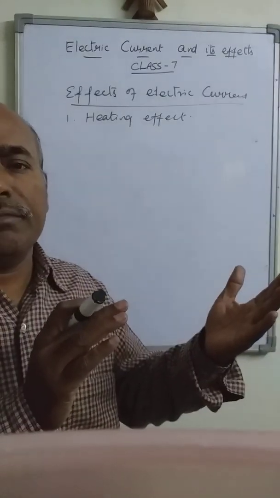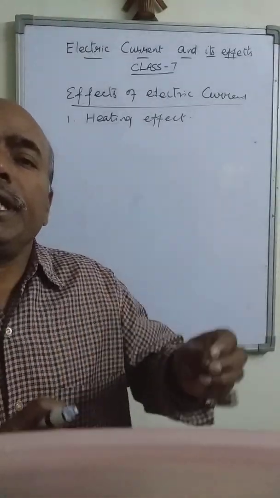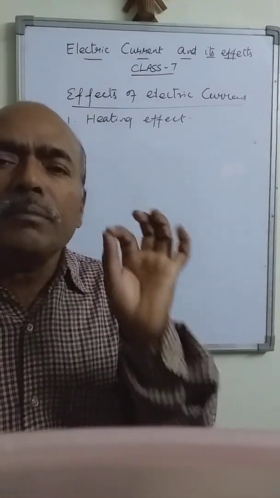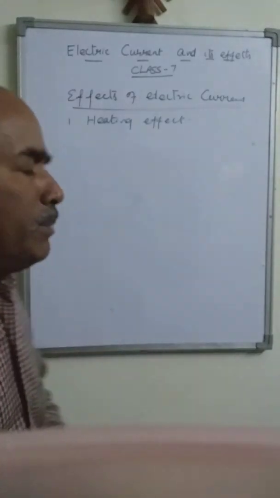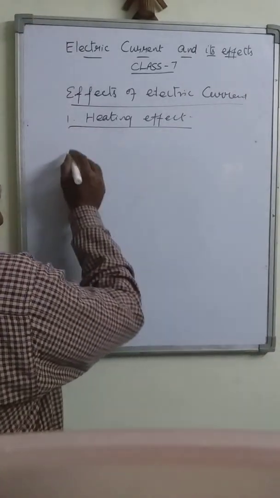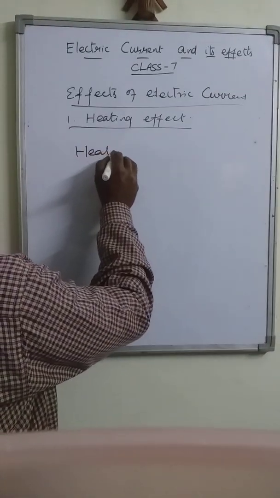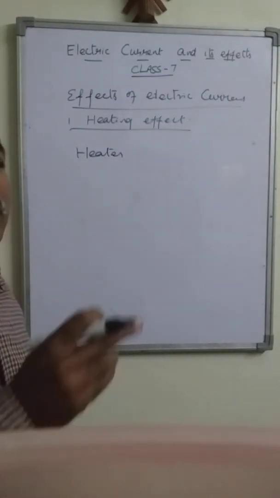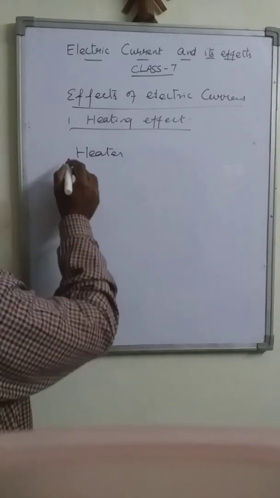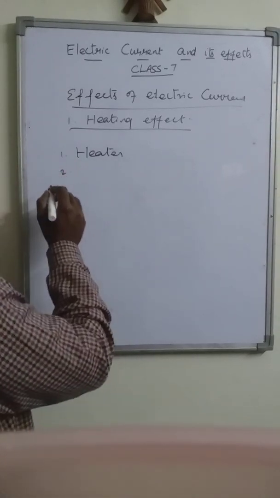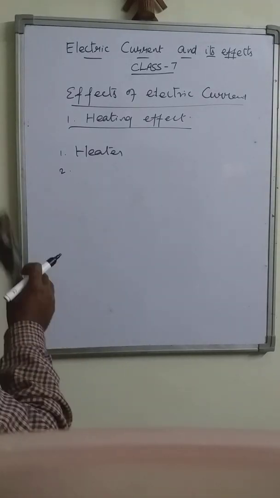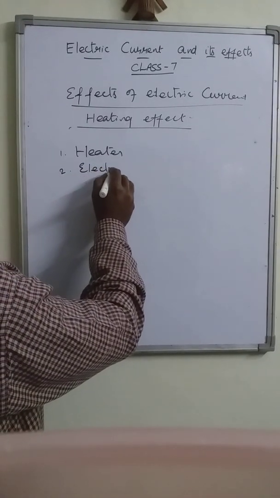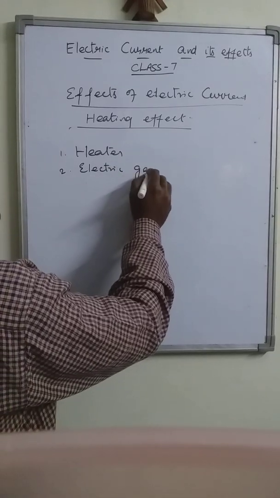All the appliances produce heat on passing electric current through them, but some appliances, for example, the heater. The heater is manufactured for getting heat. Then the electric geyser.